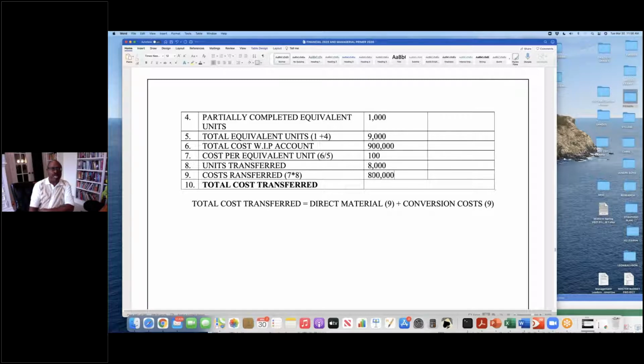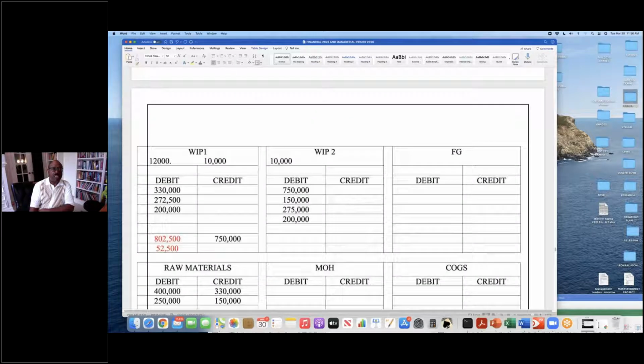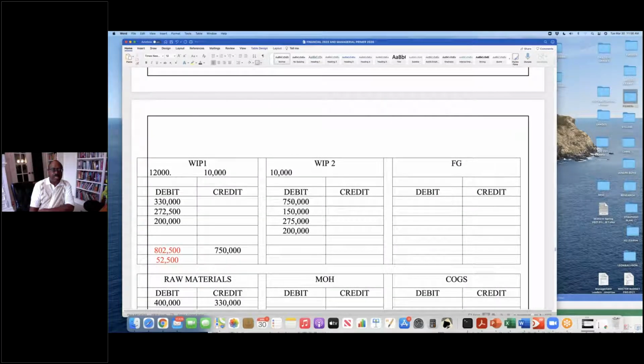Why did we put 800,000 when raw materials were in process 1, 330? There was labor and overhead when they were made, but when we got them, we got the raw material at 330. We didn't separate it out. So once work in process 1 finishes its work on an item and makes a transfer, that becomes a raw material when it gets to work in process 2.